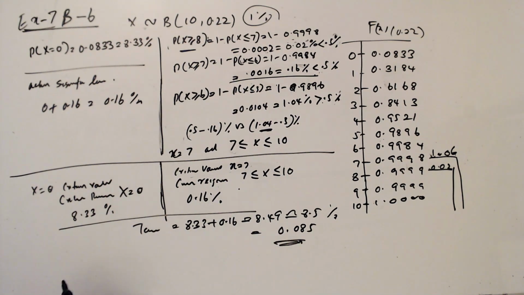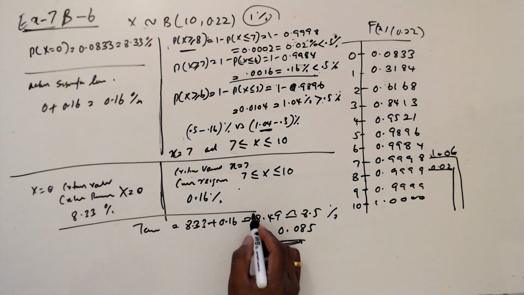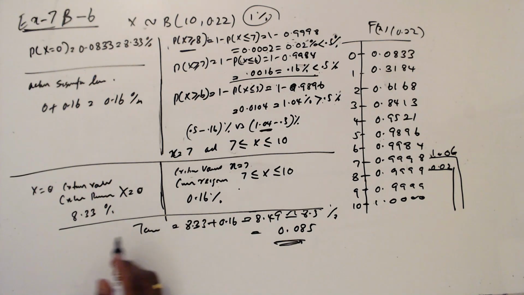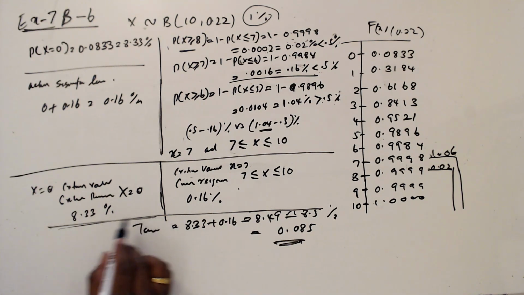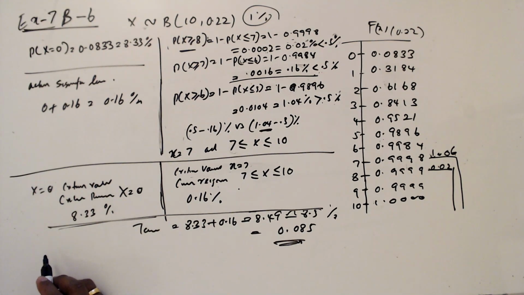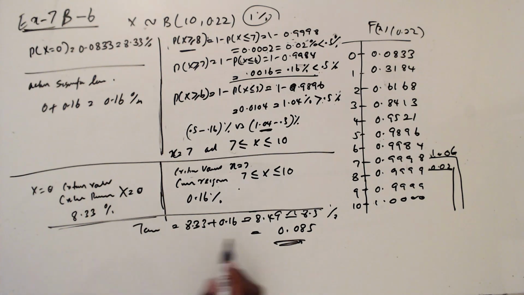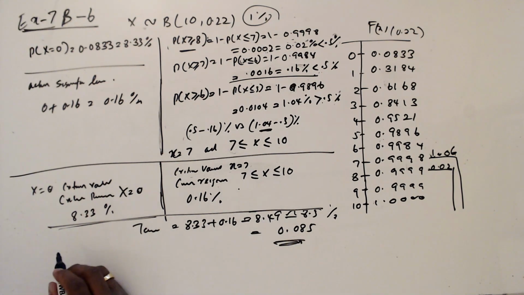As a statistician, according to my view, I am not going to add this 8.33, because if the client asks for a 1% significance level, I have to stay around that figure. I don't want to go to 8.33, making the total 8.45.